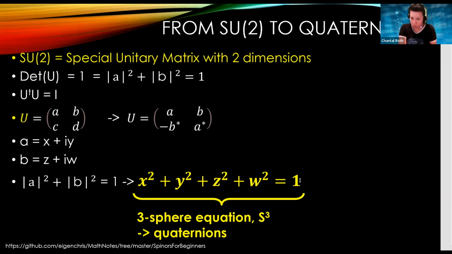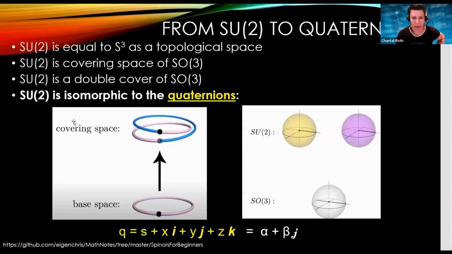And now we're back to quaternions. So that's nice. It means that SU2 is equal to S3 as a topological space. And SU2 is isomorphic to the quaternions. I won't have time to talk about the details, but basically we have shown that SU2 is isomorphic to quaternions. So now let's get back to these Pauli matrices.